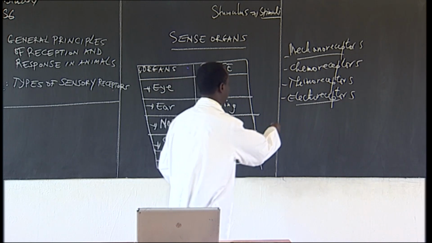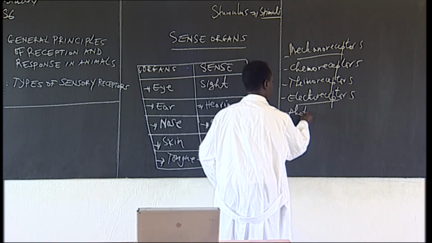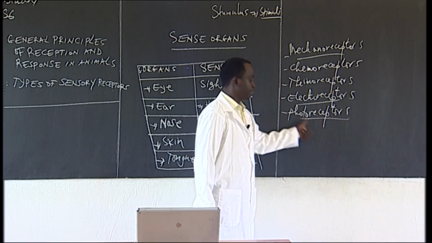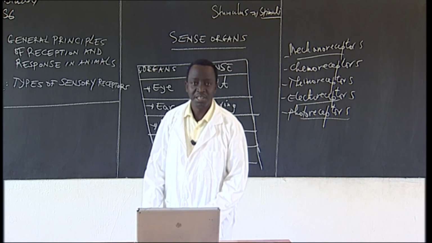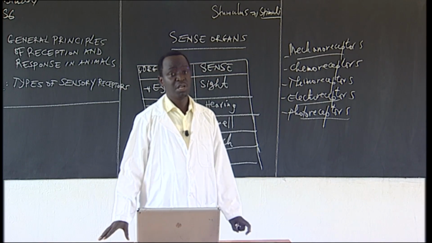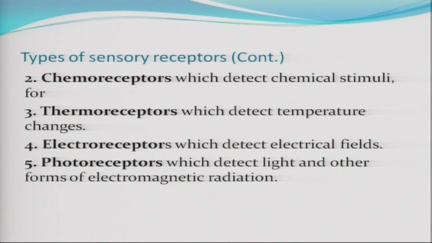Now we have what you call photoreceptors. Photo means light. Those are the receptor cells that can detect what? Can detect the change in the what? In the light. For example, when you see that there is light outside or inside, when it is at night, which receptor receives that light so that you can be able to see?